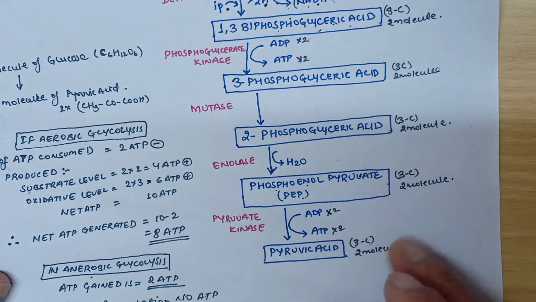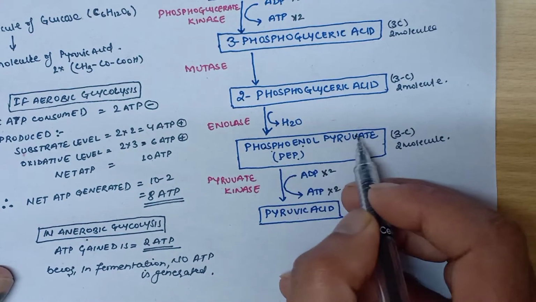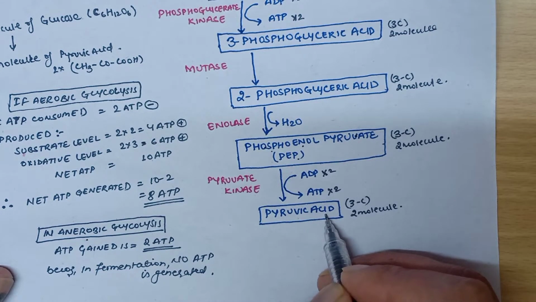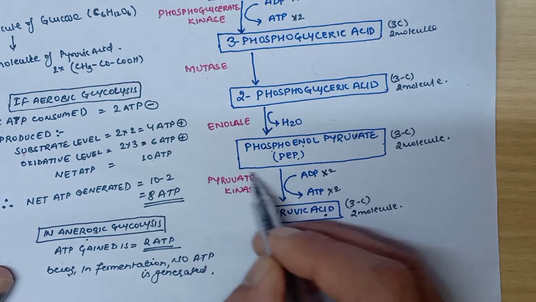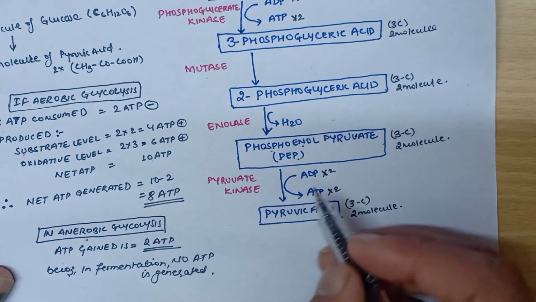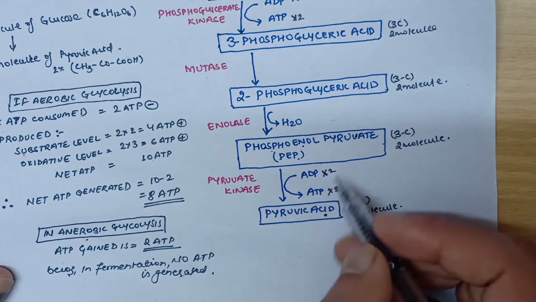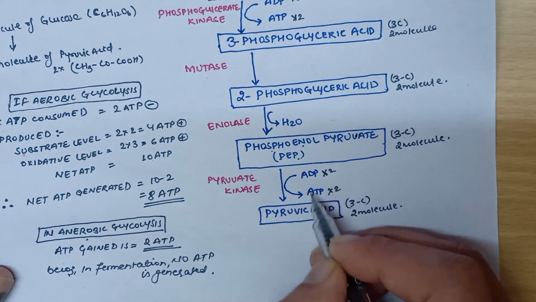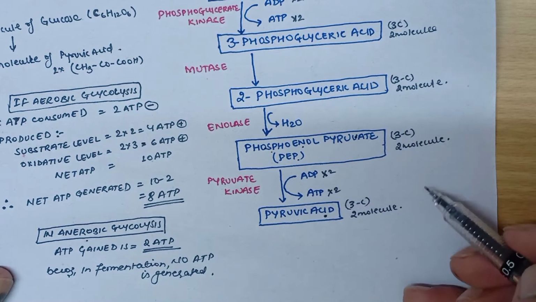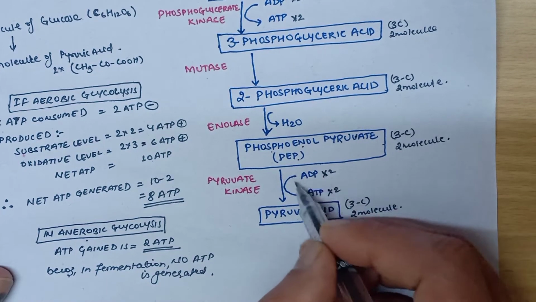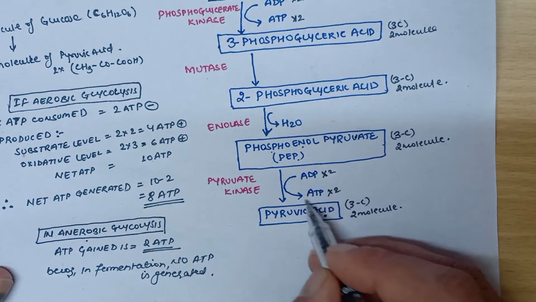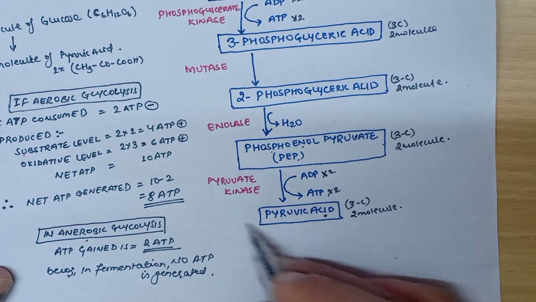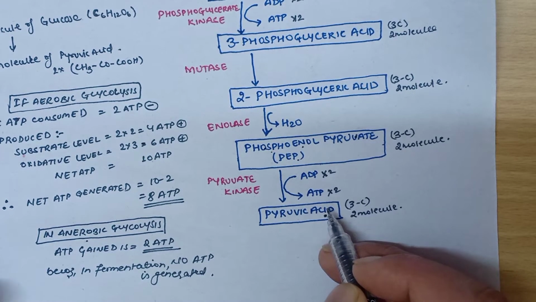And finally, this phosphoenol pyruvate gets converted into pyruvic acid in the presence of the enzyme pyruvate kinase, where ATP will be released. So here ADP is converted into ATP. Since there are 2 molecules each, 2 molecules of ADP will give 2 molecules of ATP, and our final resultant product is pyruvic acid.